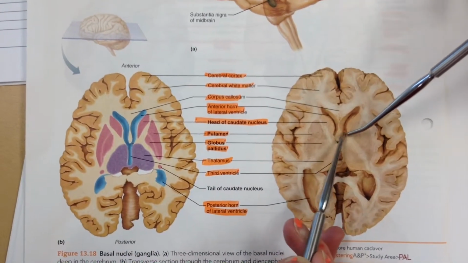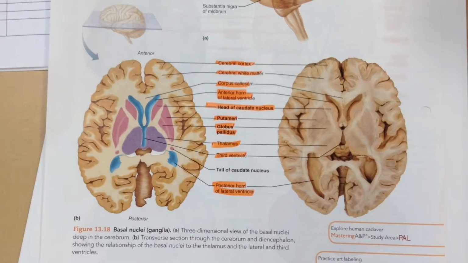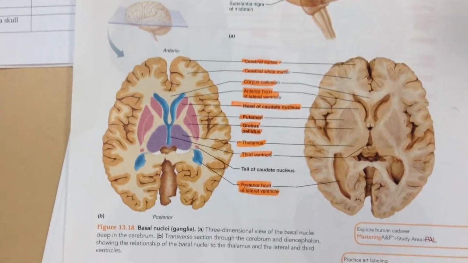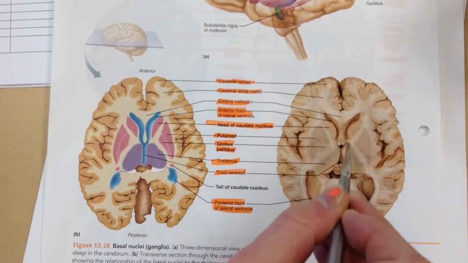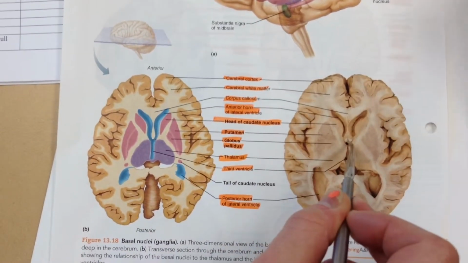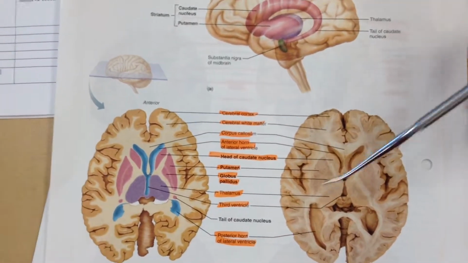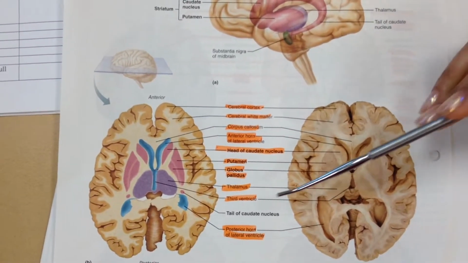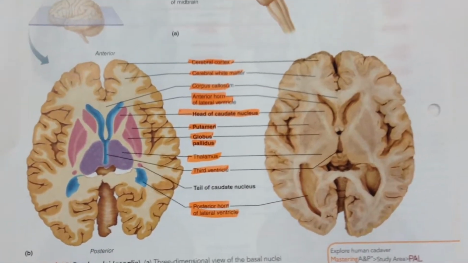I think it's both. Yeah, these. The third ventricle. This is the third ventricle. I think it's just this hole. And that's the little duct that kind of goes down, right? Look, right here.